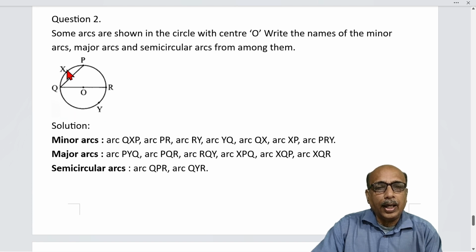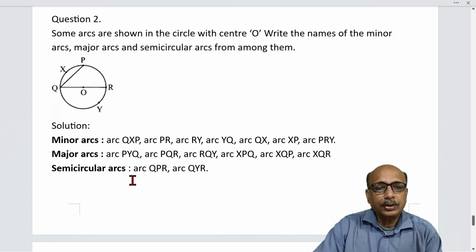Arc XPQ, see here. Again I repeat, arc XPQ, major arc. Arc XQP, major arc. Arc XQR, major arc. Arcs which are seen to be more than 180 degrees are known as major arcs.